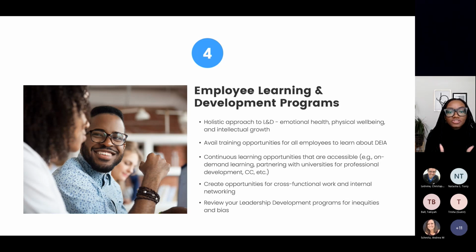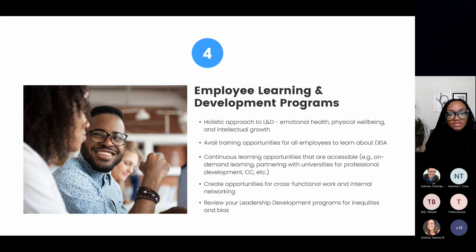Also, avail training opportunities for all employees to learn about diversity, equity, and inclusion. I've seen a lot of organizations really focus those conversations and trainings and workshops for their corporate teams. But you should also make that available for all associates in your organization because, again, everyone has a hand in creating more inclusive work environments.